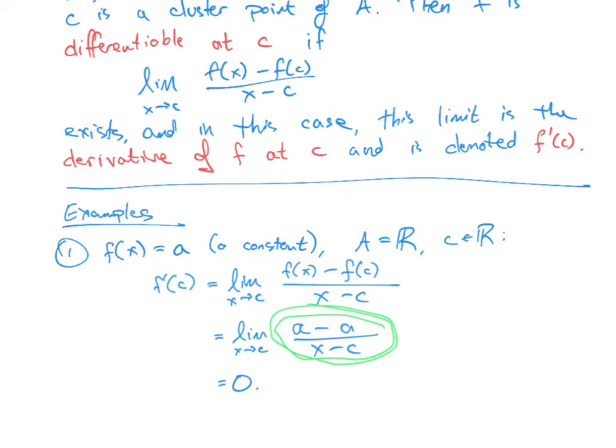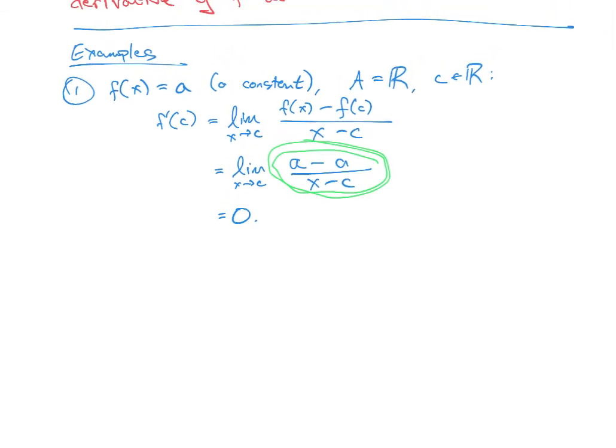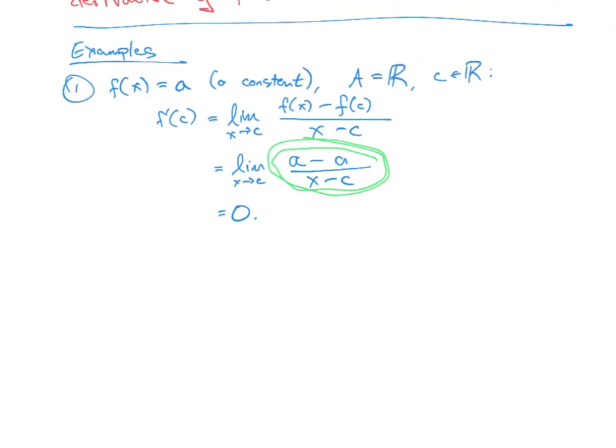Okay, now let's move up to x squared. I hope you can see that if our function was x, then we'd get a derivative of 1. So let's do something a little bit more complicated. x squared, we'll take our domain to be all the reals, and we'll let c be any point in there.